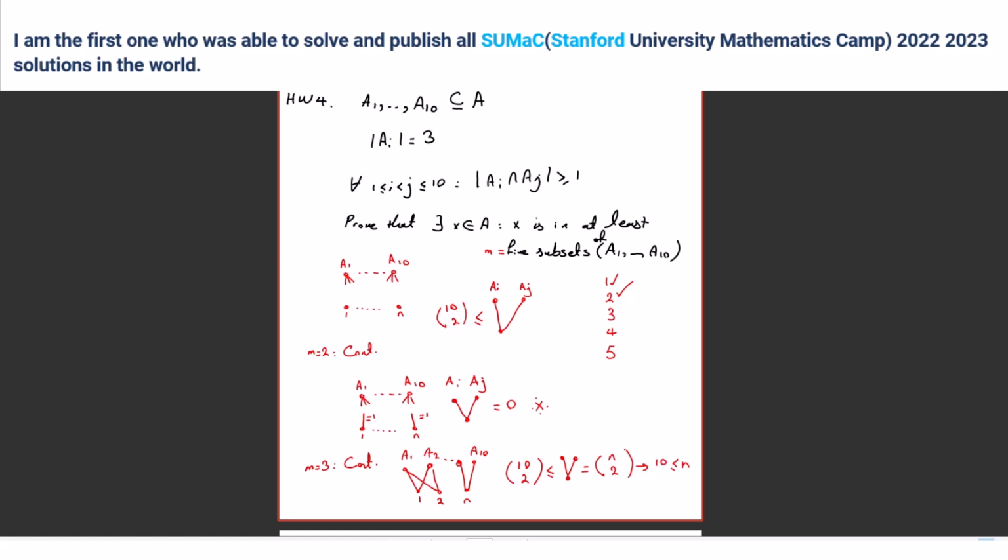Sorry, it is not n choose 2. It is exactly n, just n times 2 choose 2. So n is at least 45, right?